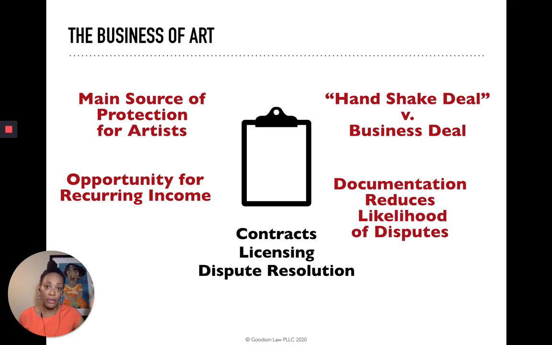So if you are wondering what types of things may go in a contract for the sale of work, it includes the title of the work, it includes sometimes information about provenance and certificates of authenticity. It talks about any rights that the artist retains in the copyright of the work, which is separate than the physical object. So that sheet of paper has a lot of really interesting and important information in it.